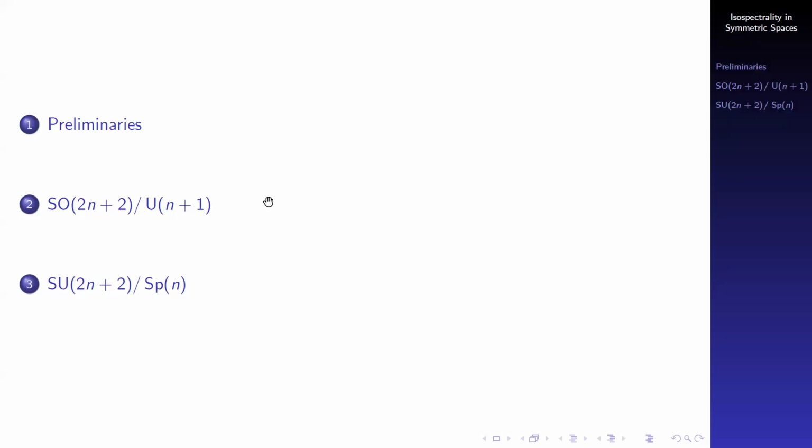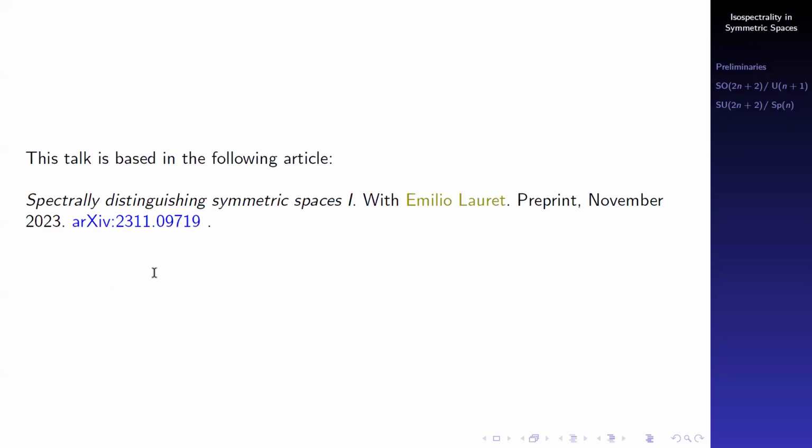So we are going to study this manifold. We are going to define a family of metrics, and we are going to prove some results in spectral uniqueness, and the same in this manifold. This talk is based on the following article, "Spectrally distinguishing symmetric spaces, part 1", with Emilio Lauret, and this is available on arXiv.